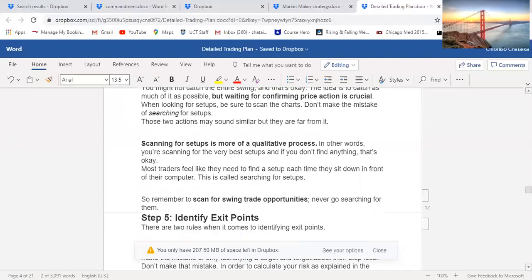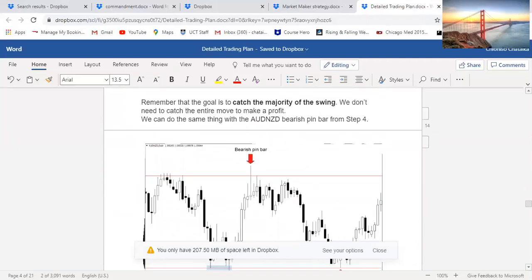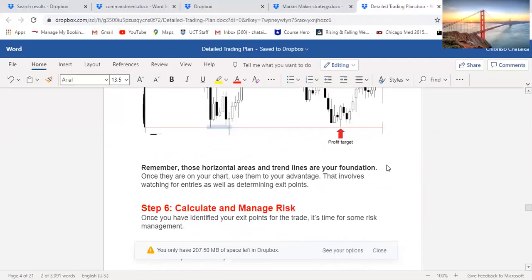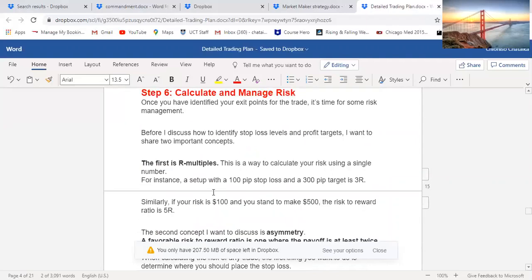We finished exit points, and then importantly, calculate and manage risk. We've talked about risk, but importantly, you have to tell us what risk to reward profile you are looking for. So you'll set a minimum for yourself and say, listen, I will never enter a trade that's less than 1 to 3 risk to reward.